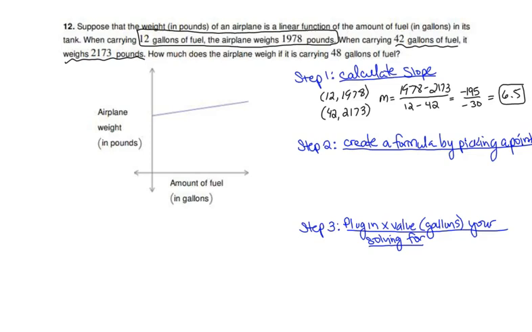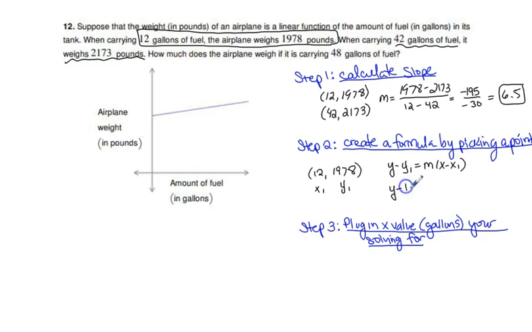Okay, step number 2. Create a formula by picking a point. Doesn't matter which point you pick. I'm going to choose the smaller point, so I'm going to choose 12, 1978. So that's going to be my x1, y1. And we're going to use point slope formula. So we have y minus y1 equals m times x minus x1, we're going to plug in our info.